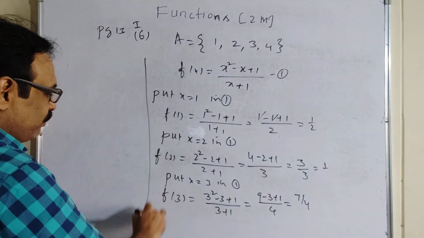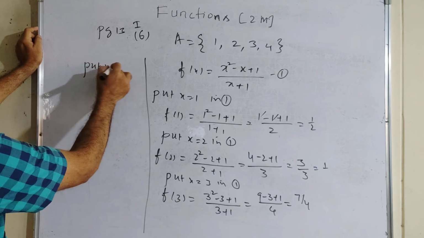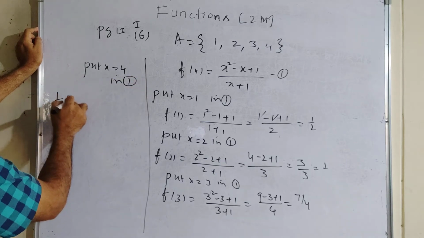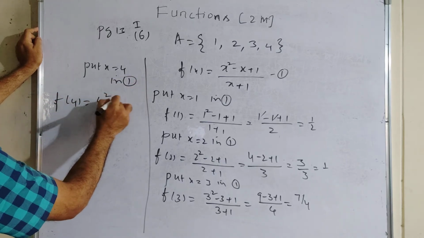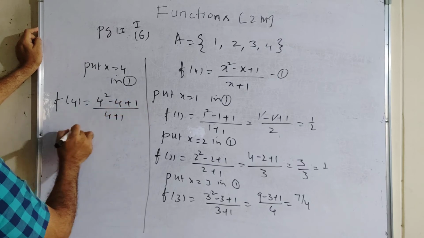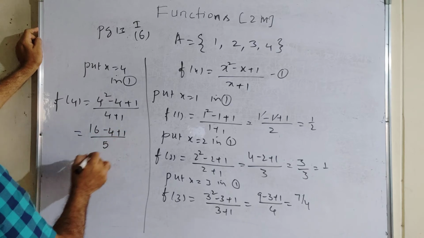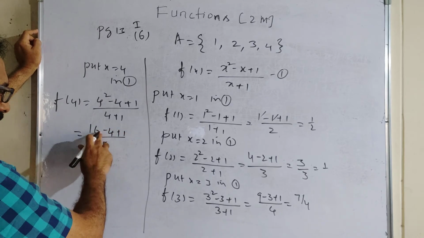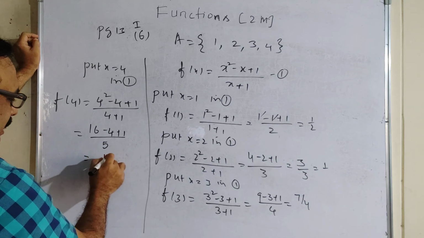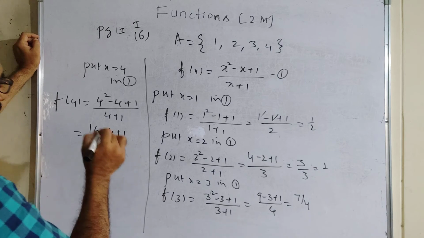The last one: put x = 4 in result 1. f(4) = (4² - 4 + 1)/(4 + 1). This is 16 minus 4 plus 1 over 5. 16 plus 1 is 17, 17 minus 4 is 13, and the denominator is 5, so 13/5.